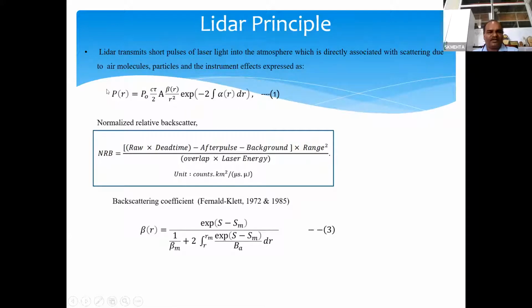From this we get the normalized backscatter signal. We have to normalize because the laser energy fluctuates. And we also need the overlap factor, which I will come to.